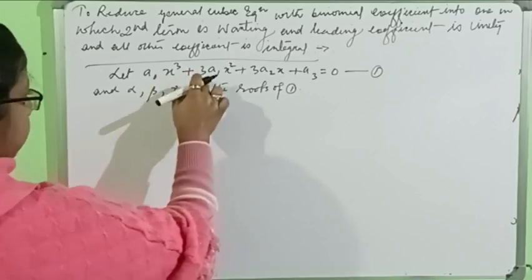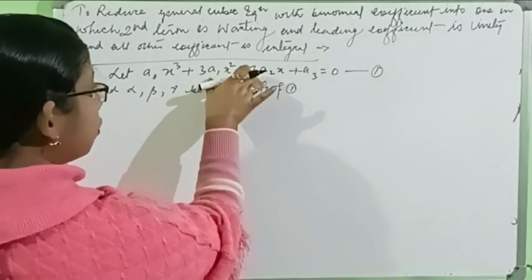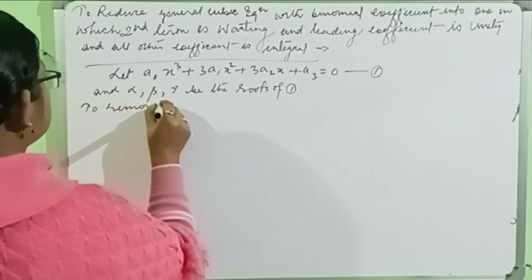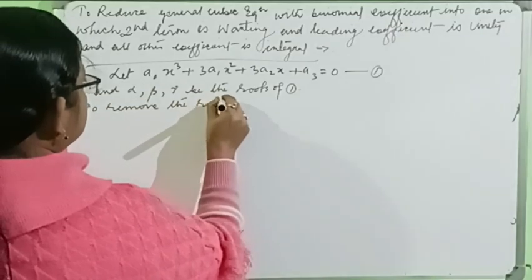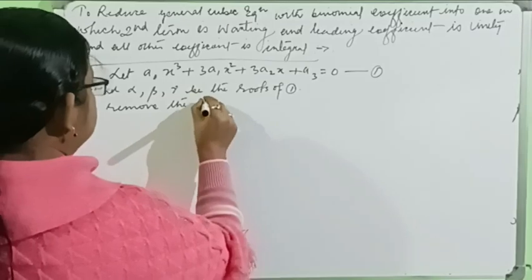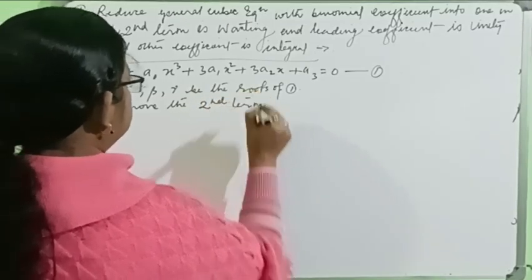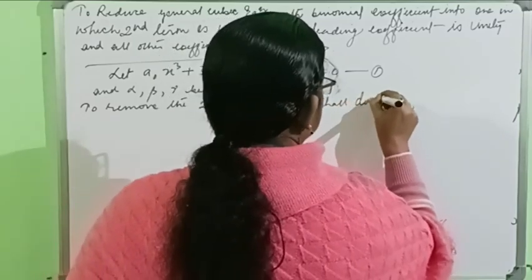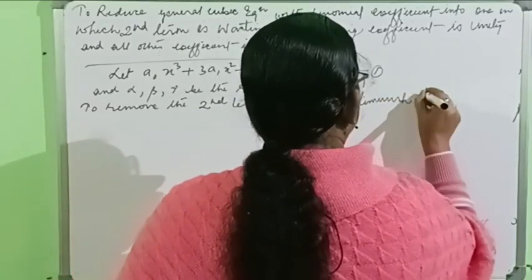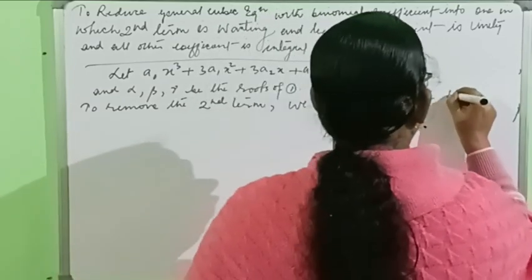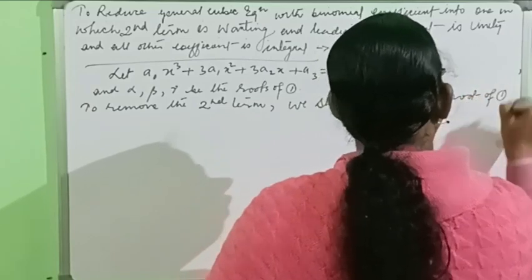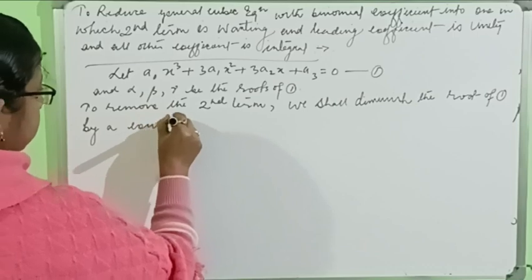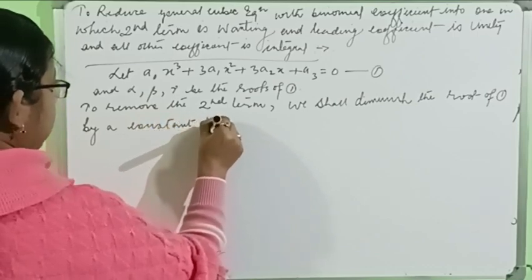To remove the second term from this equation, we shall diminish the roots of 1 by a constant, say h.